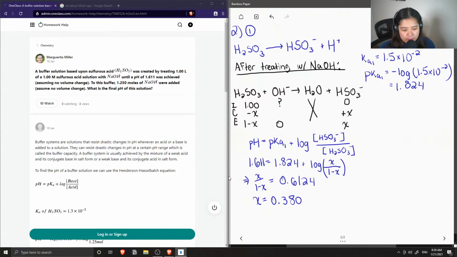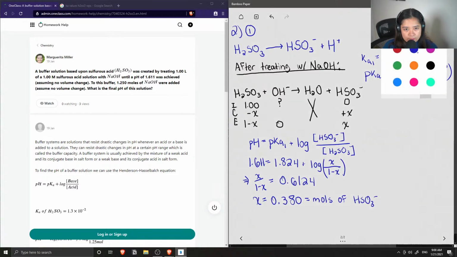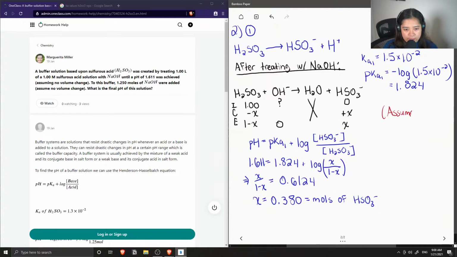Okay, so what this 0.38 means is that it is the moles of HSO3 minus. And this is also if we assume 1 liter of solution, just to make it easier to convert from concentration to moles.